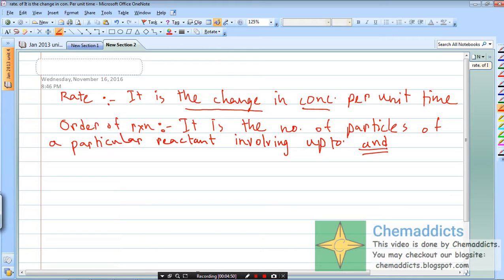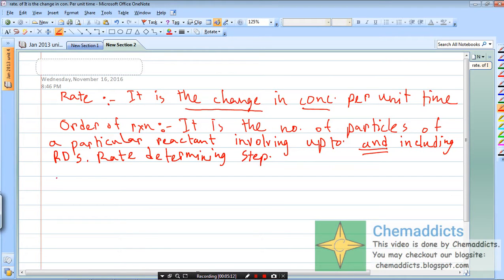Involving up to and including the RDS. So what does RDS mean? Rate determining step.